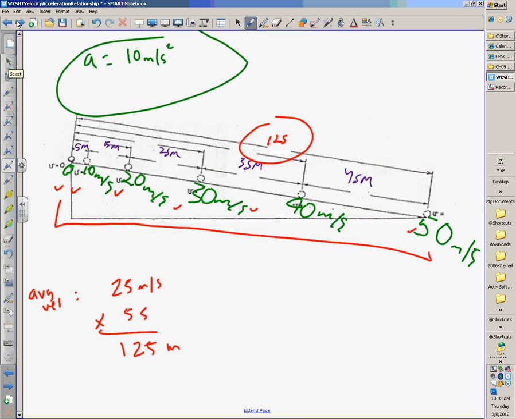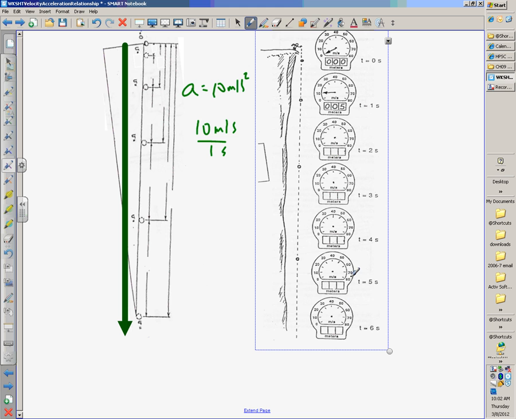So when we go here, if we take a look at the speedometer, if this object starts at 0 meters per second, which it did at the top, after 1 second, how fast is it going? 10 meters per second. After 2 seconds, how fast is it going to be going? It's going to be going 20 meters per second. After 3 seconds, it's going to be going 30.